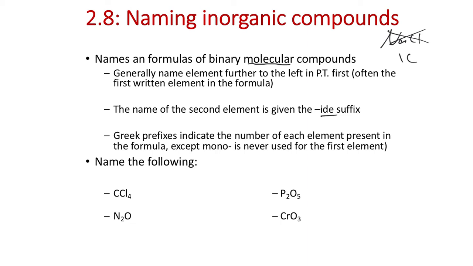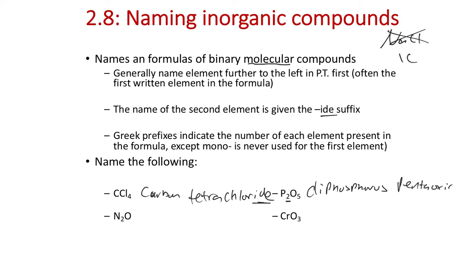So we would call CCl4 carbon tetra, and the key is that you just use the IDE ending of that second element, so tetrachloride as opposed to tetrachlorine. So carbon tetrachloride. We would call P2O5 diphosphorus pentaoxide.